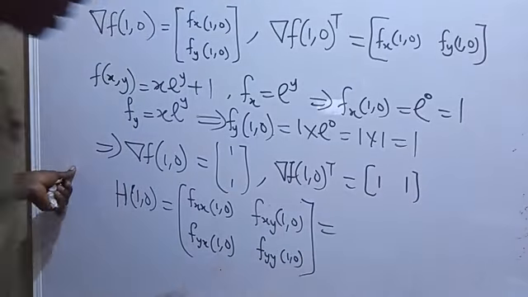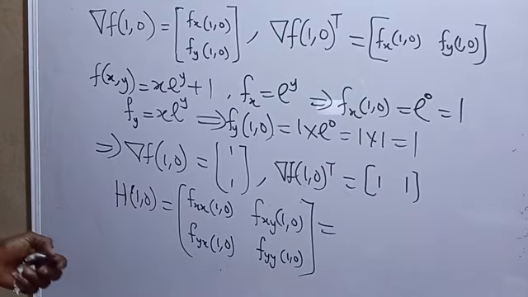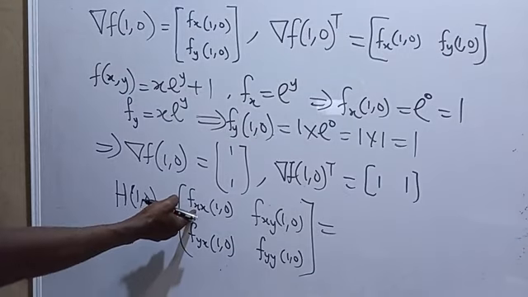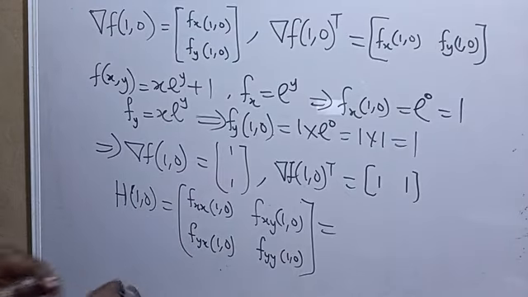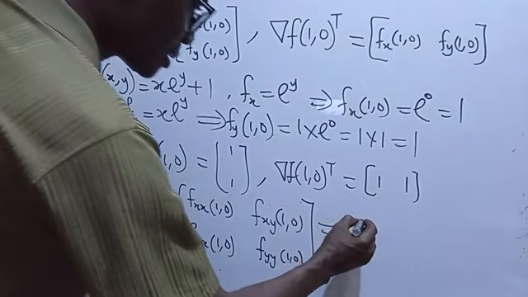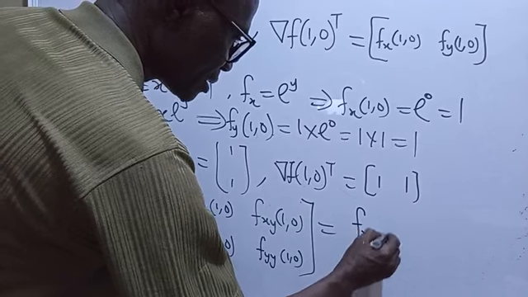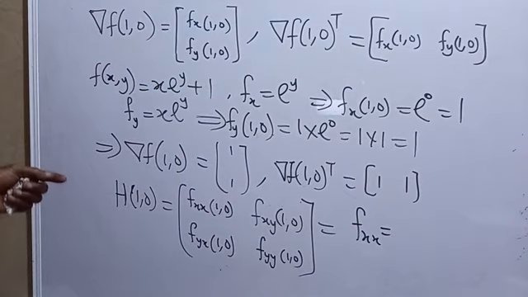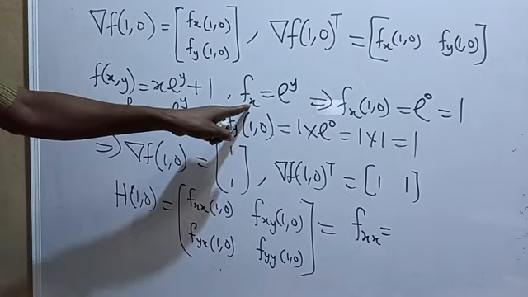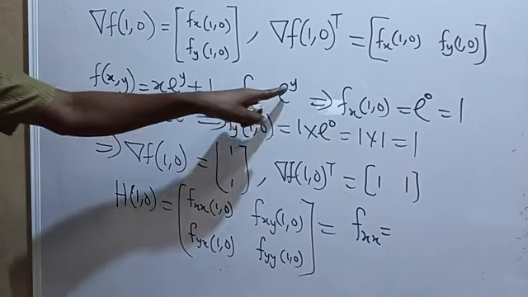So let's quickly do that now. To do that, we have to find the partial derivative of all of them. Let's start with f_xx. Where do we have f_x? Our f_x is exponential y.